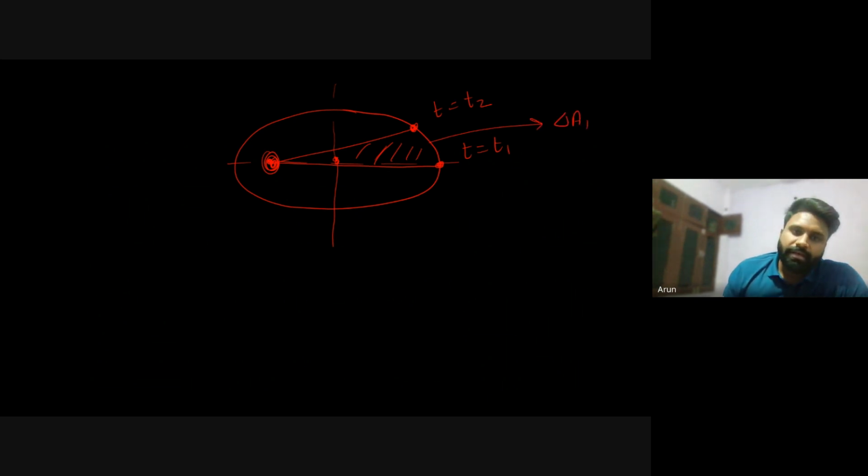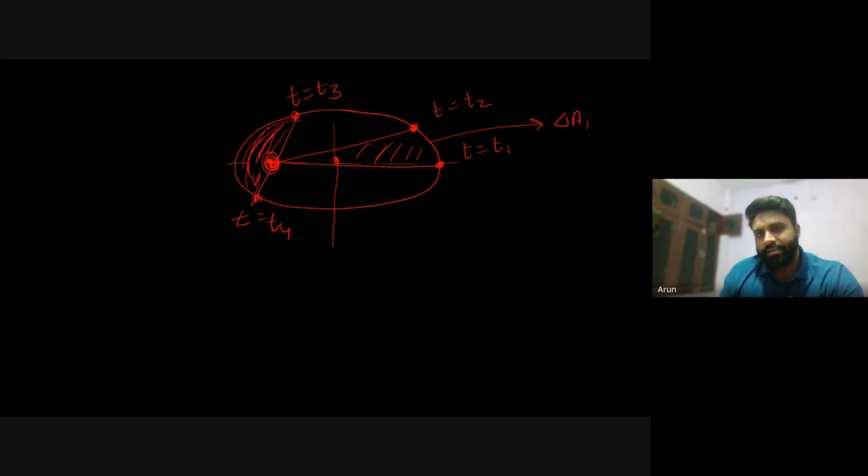Okay. Here you can say the planet is here at t equals T3. And at t equals T4, it is here. So the area swept by this is this much. This is the area swept.